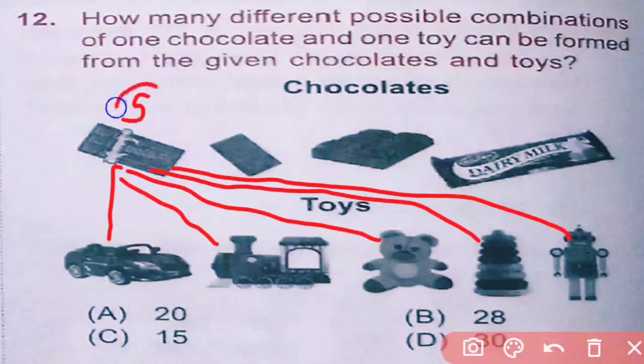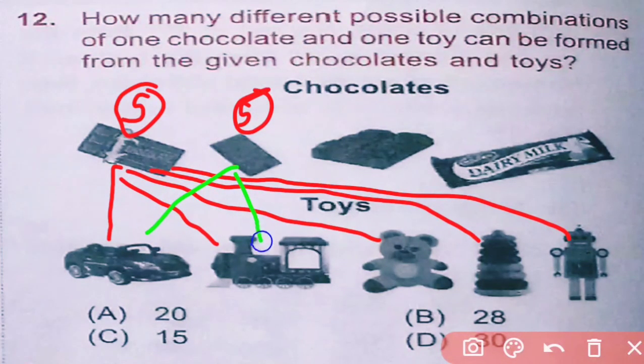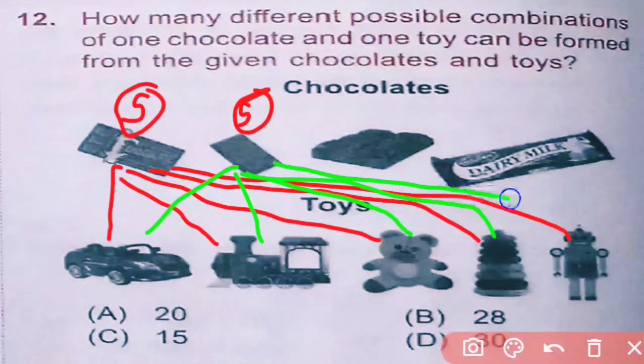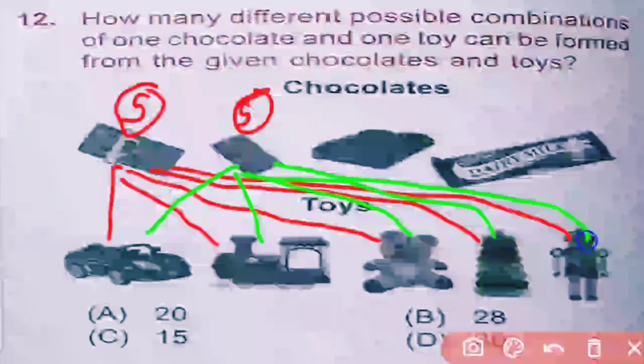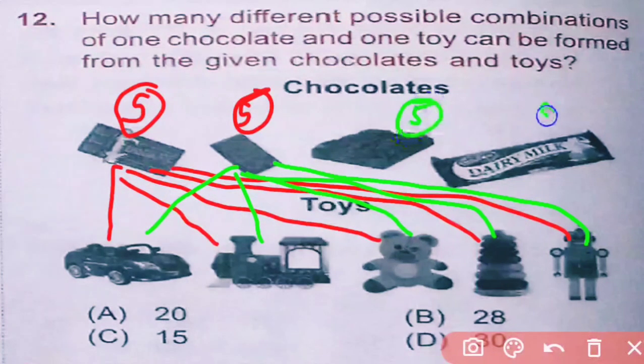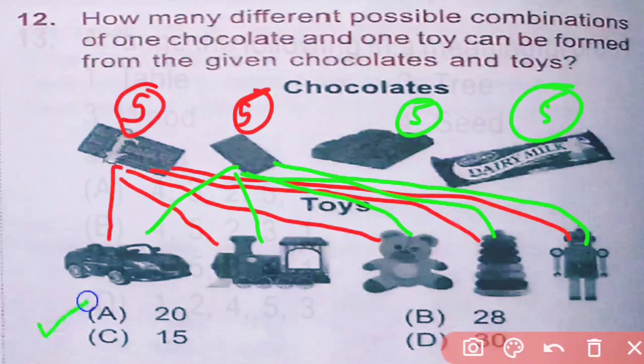With these 5 combinations, it is like this. This chocolate with 5 combinations. Then with this also 5 combinations and this also 5 combinations, means total 20 combinations are possible.